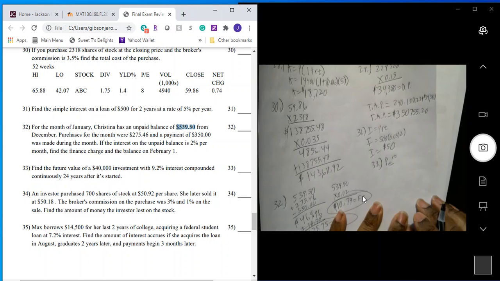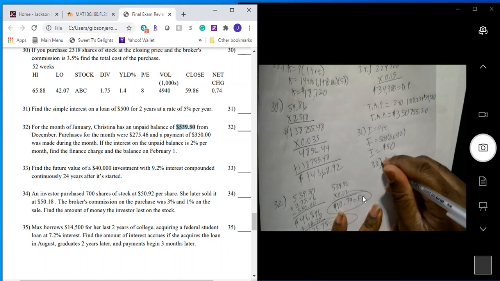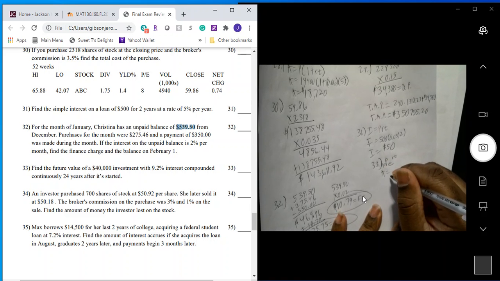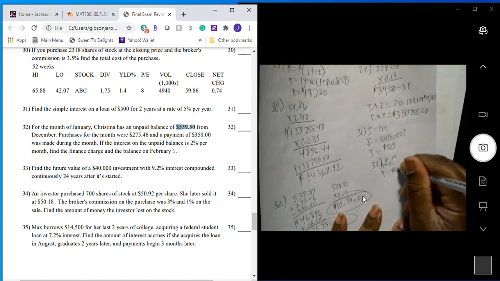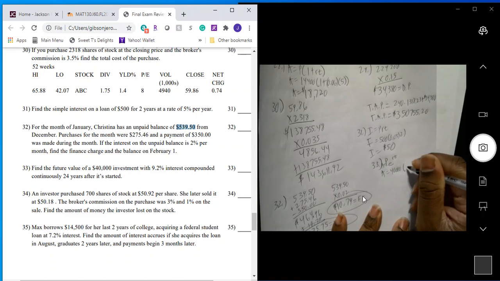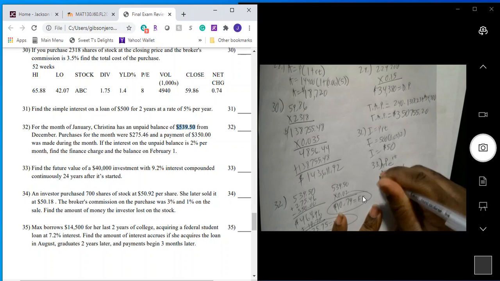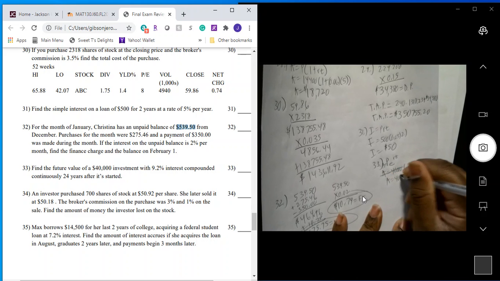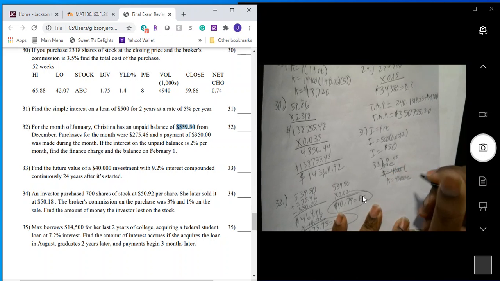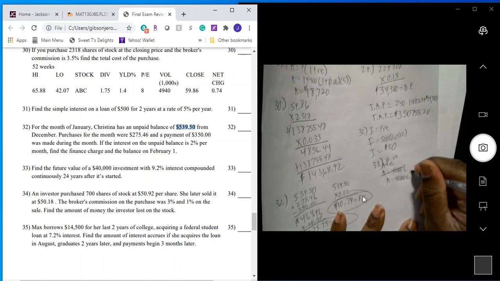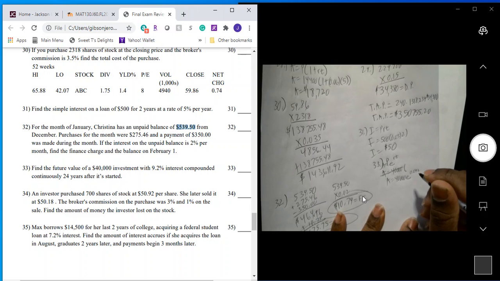So the principal is 40,000. So we have 40,000 e, and then the rate is 0.092, and then the time would be 24.